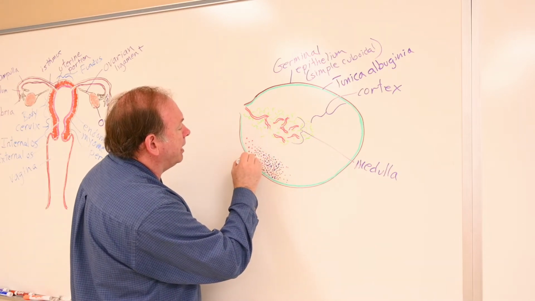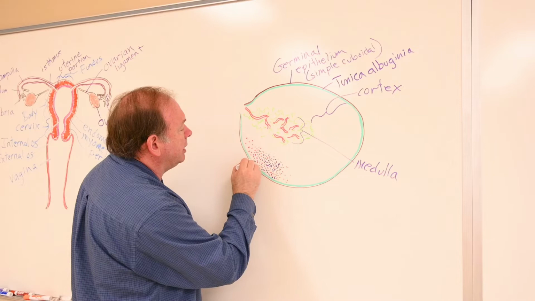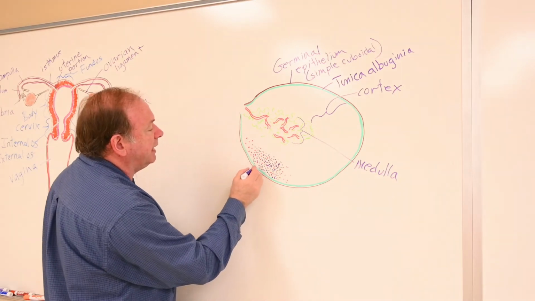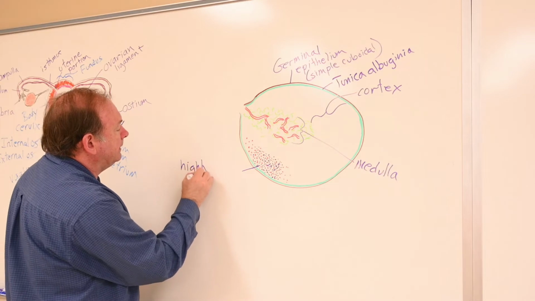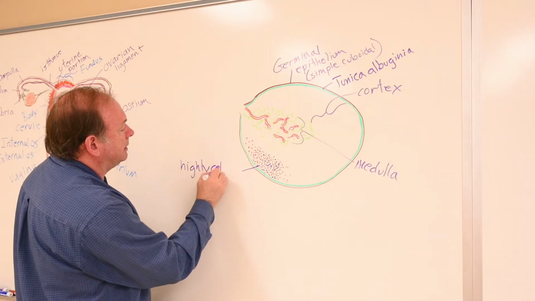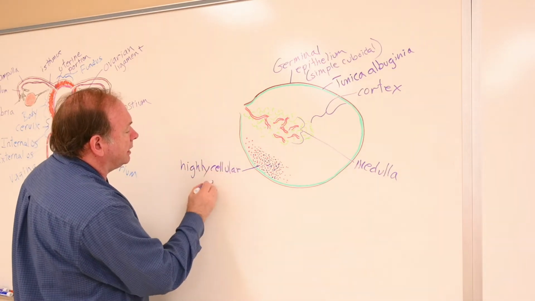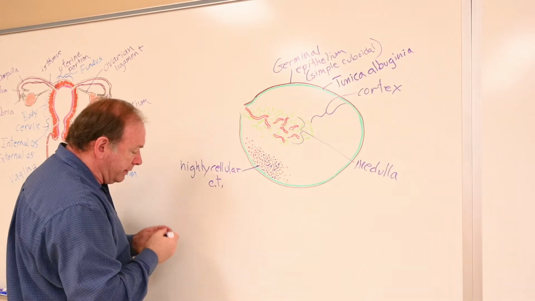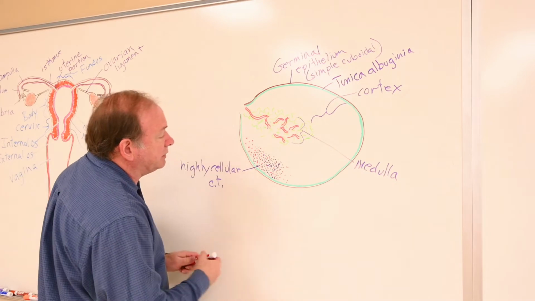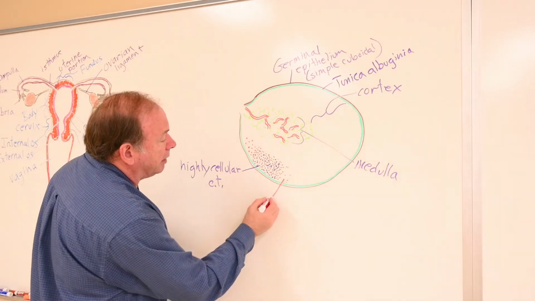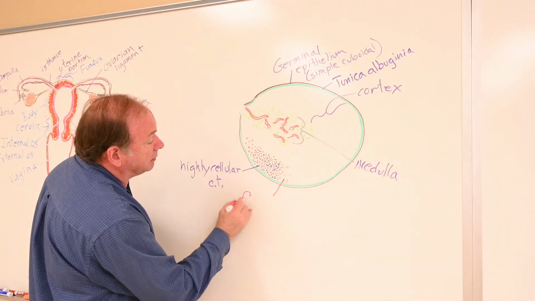And I won't take the time to color everything in here, but anyway, we'll identify this as highly cellular connective tissue. And then the red spots in here, these are follicles.